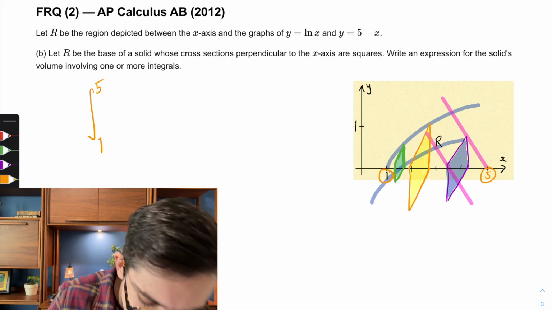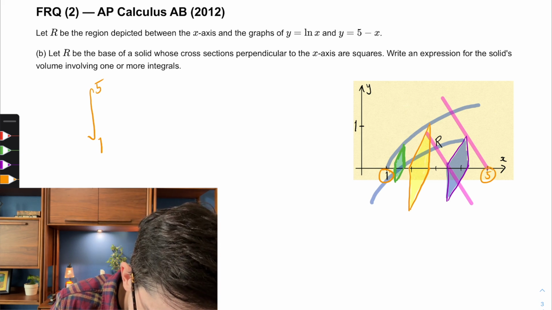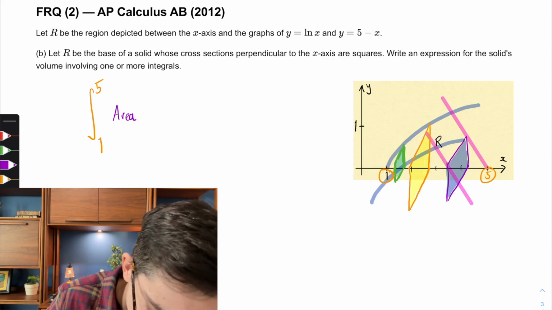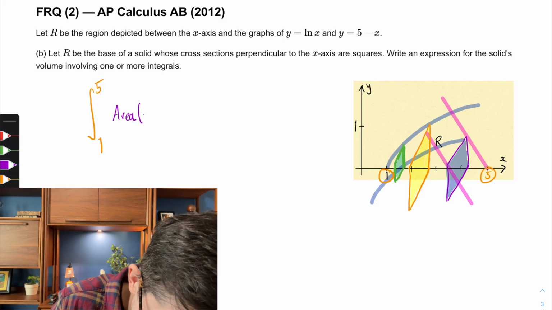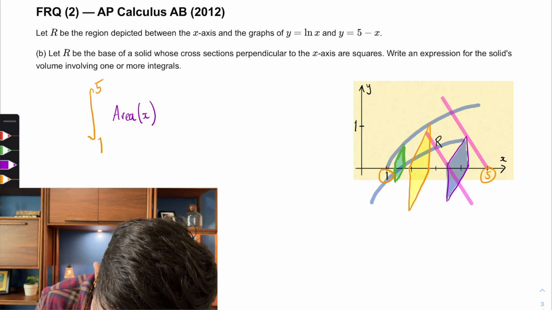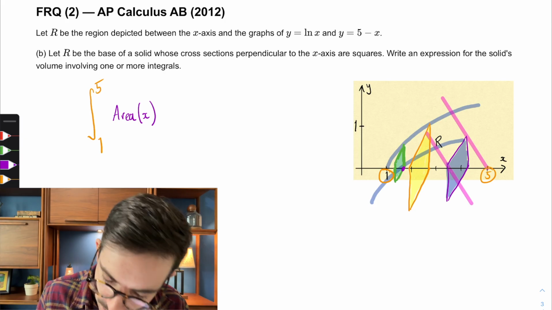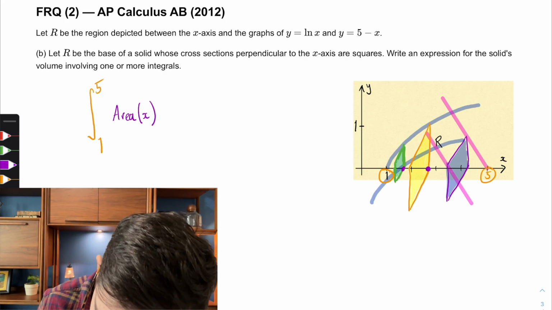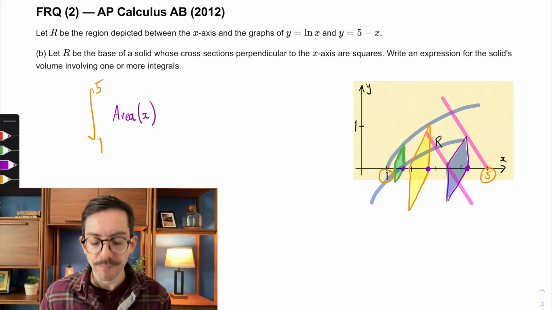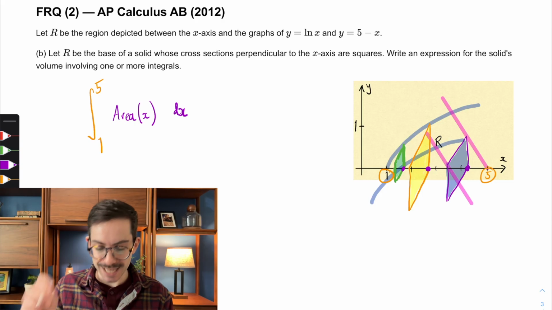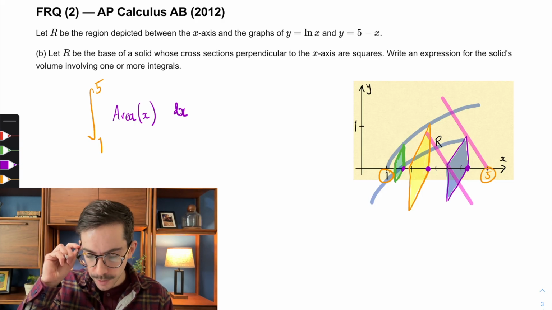And then I need to figure out what the area of my cross-section is at each point along the x-axis. I've got this square here, this square, this cross-section at that point on the x-axis, and so on. I'm going to take the accumulation of those with respect to x as I integrate along.